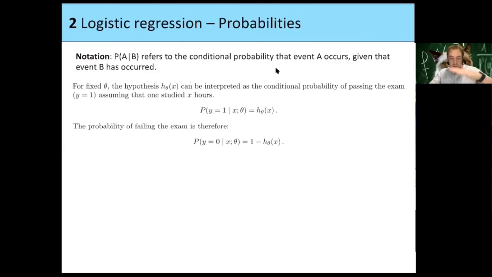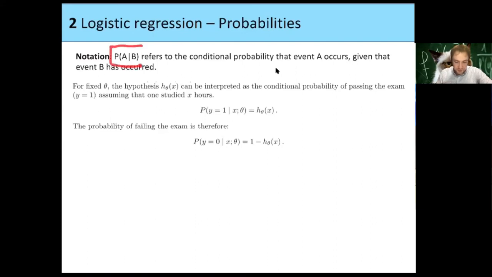Our hypothesis is now a value between 0 and 1, so we can also think of this as some probability. If you study such and such hours, then the probability of passing the exam is something between 0 and 1.